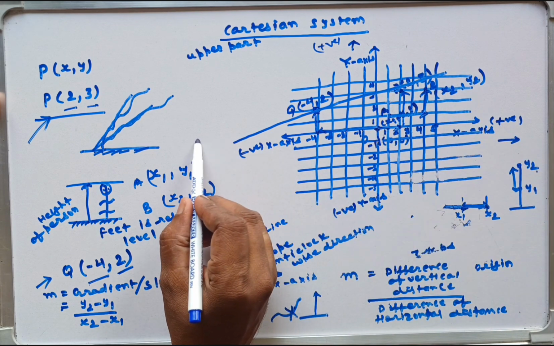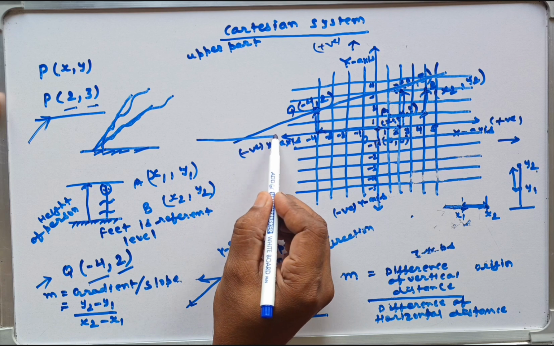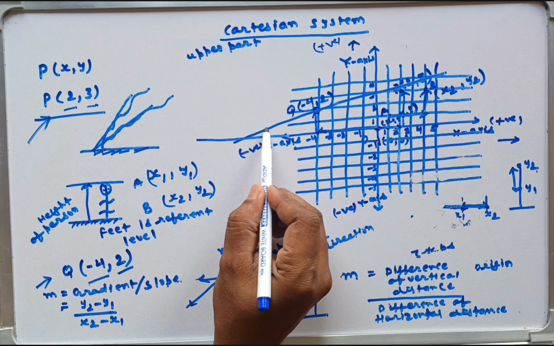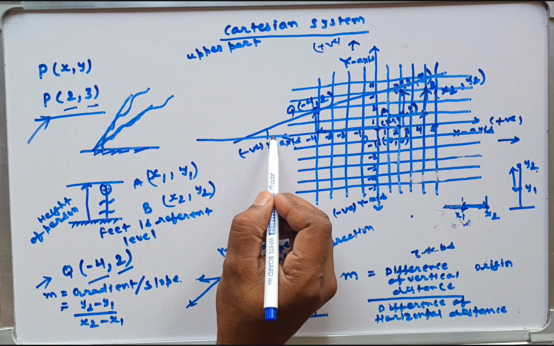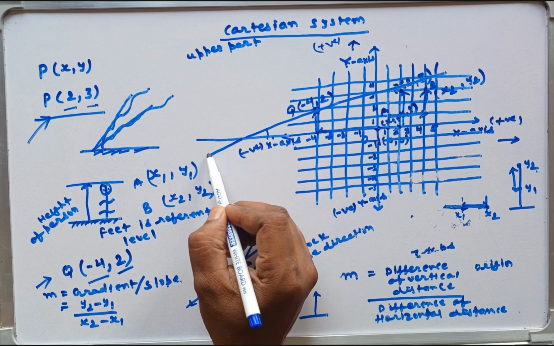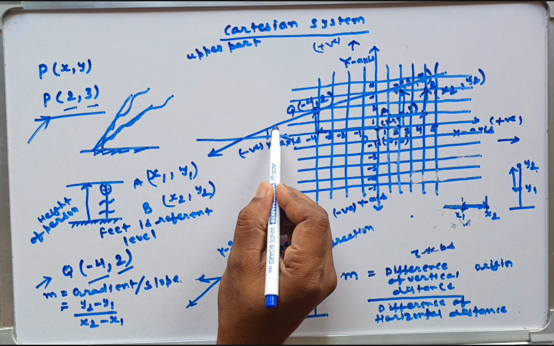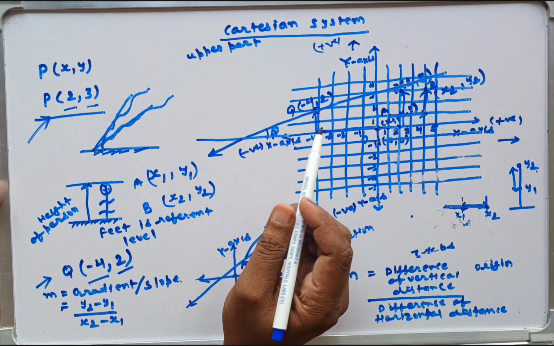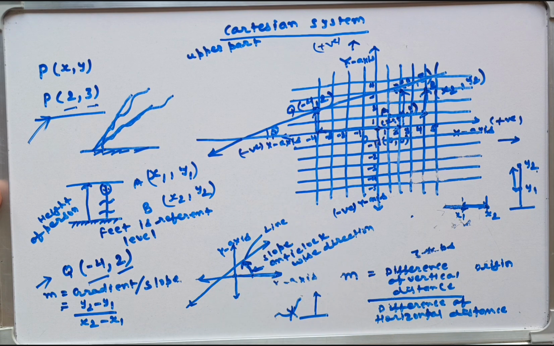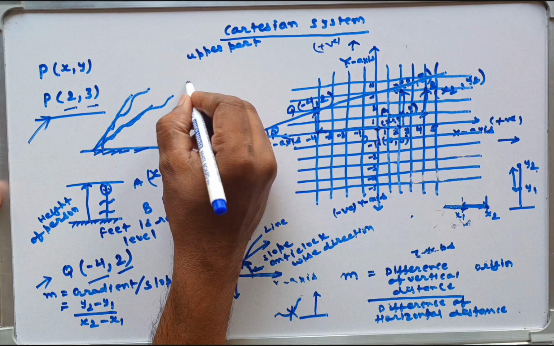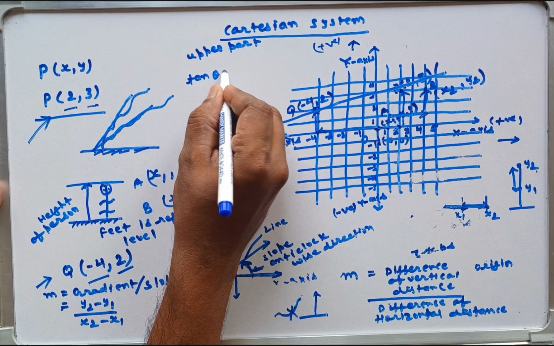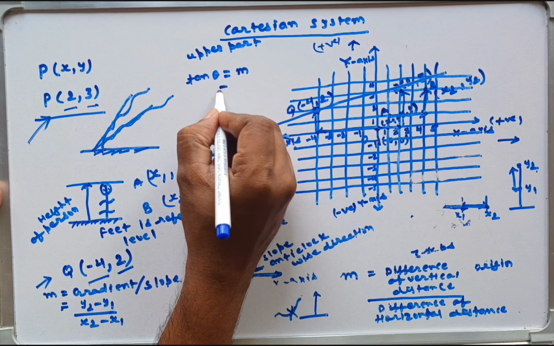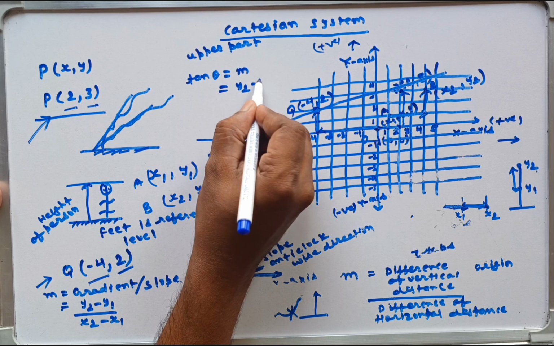Guys, further if you extend it to the x-axis, then this will make some angle with respect to the x-axis, which is known here as theta. Then, guys, you can say tan theta will give you the gradient of the line.